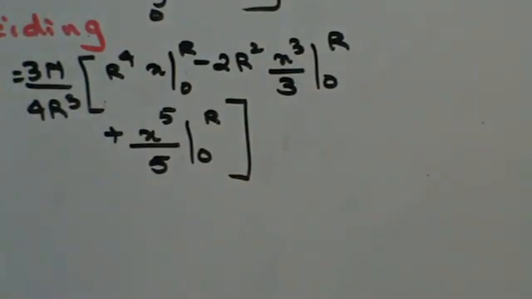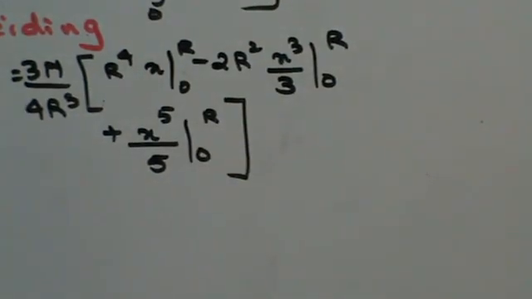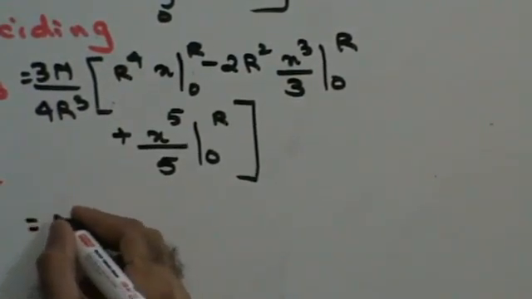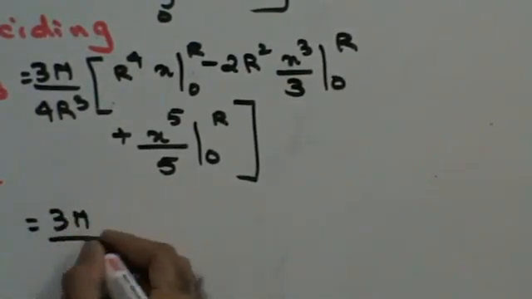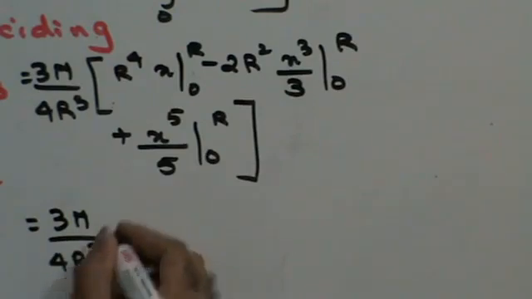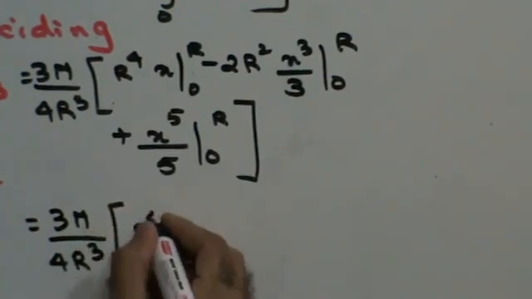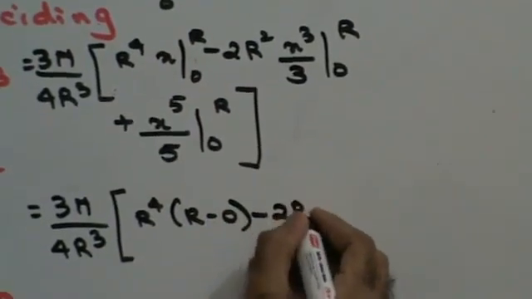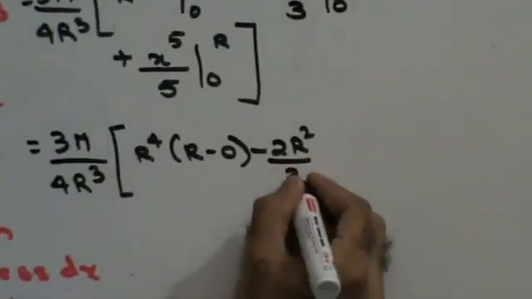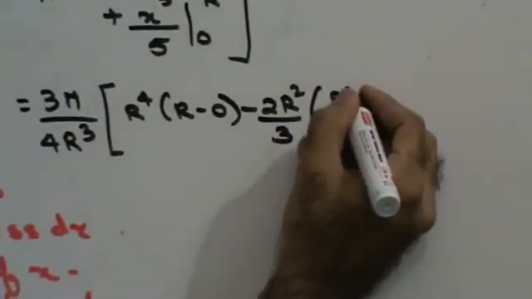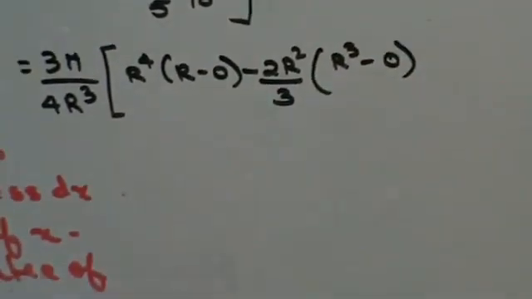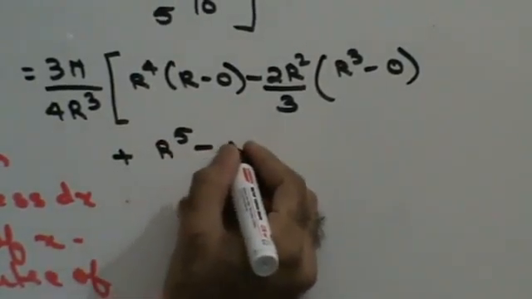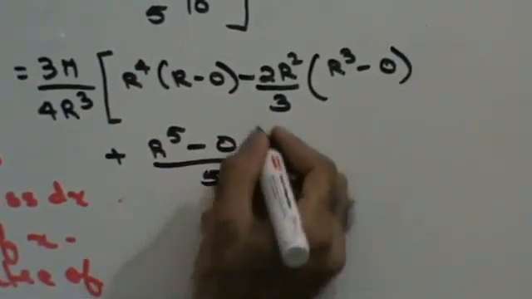How do I solve the limits? It is upper limit minus lower limit. So this is going to be nothing but 3m upon 4r cube. This is r raised to 4 r minus 0, minus 2r square by 3 r cube minus 0, plus r raised to 5 minus 0 upon 5.